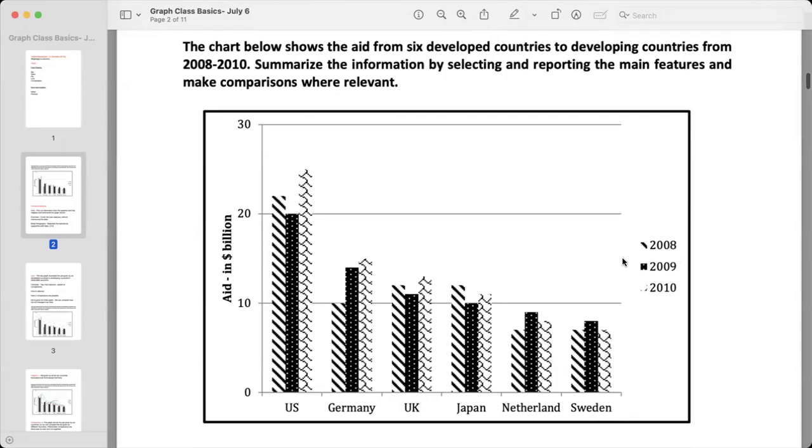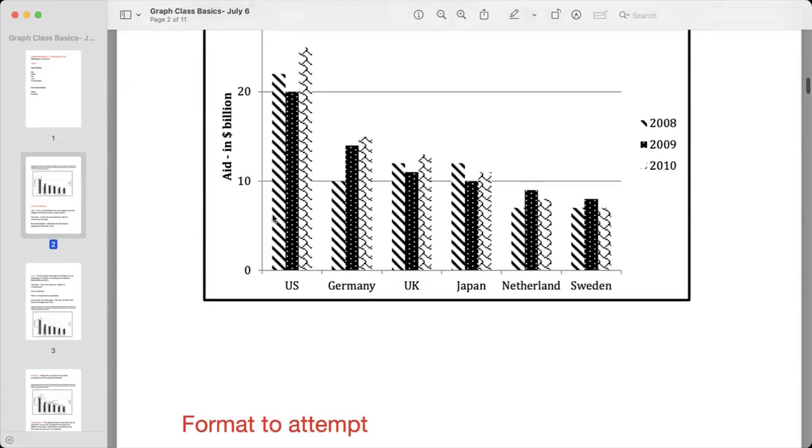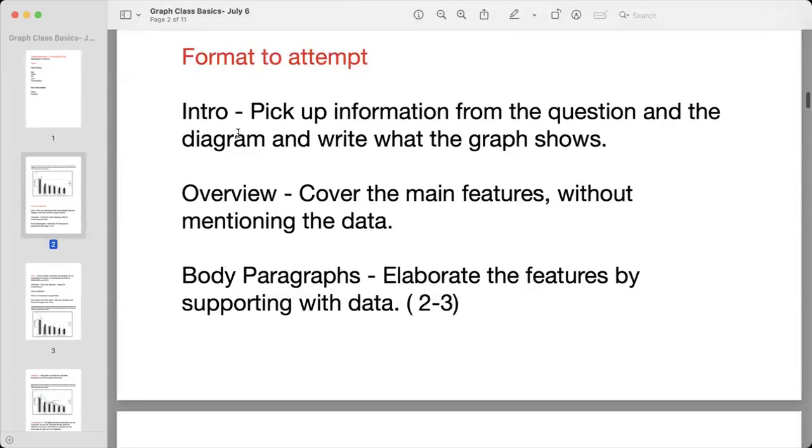The first bar is 2008, the middle, the black bar, is 2009, and the last bar is 2010. So the first bar represents the aid given by that country in 2008, the second bar 2009, and so on. Okay, so how do I attempt a graph?